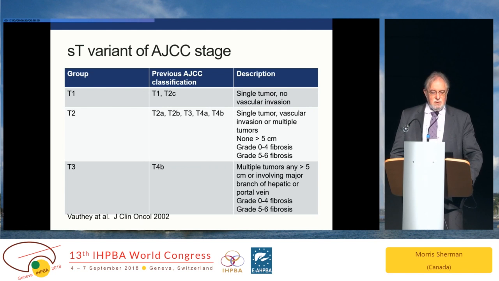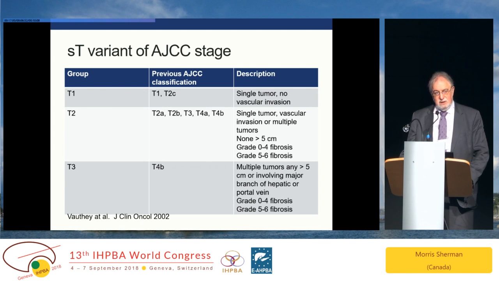So the next step was the development of the simplified HCC staging, where patients were grouped into T1, T2, and T3. And this did take into account the severity of the underlying fibrosis, although again, it didn't take into account function. It simply looked at the amount of fibrosis present in the liver.